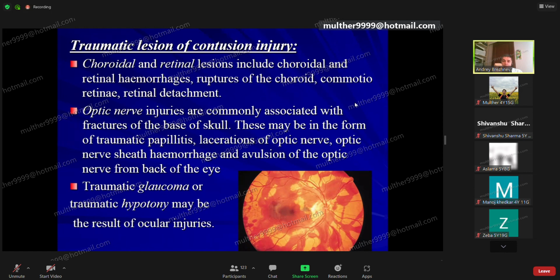So traumatic changes of these structures are in most cases associated with severe loss of visual functions.